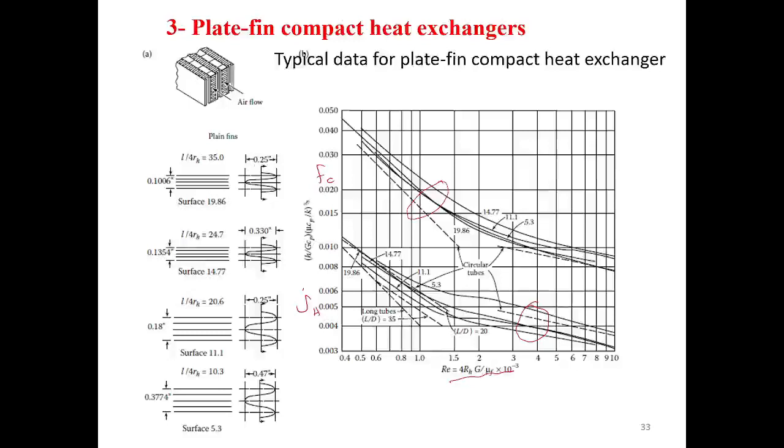This is just to compare the friction factor or friction coefficient for different surfaces, and the same thing you can also do to compare j_H for several surfaces, and how they change with Reynolds number.